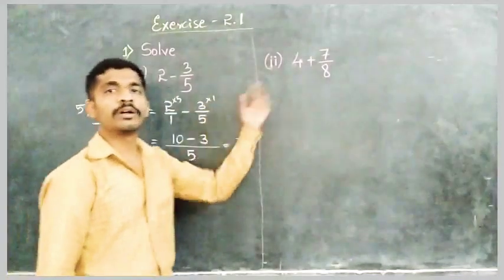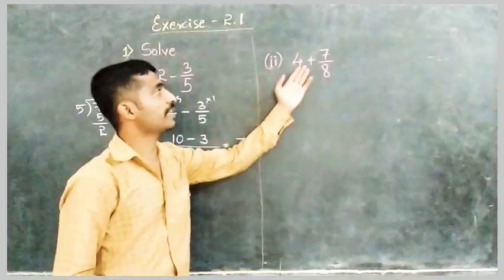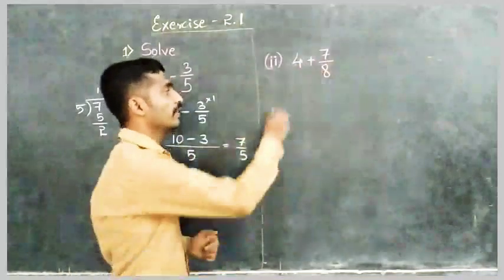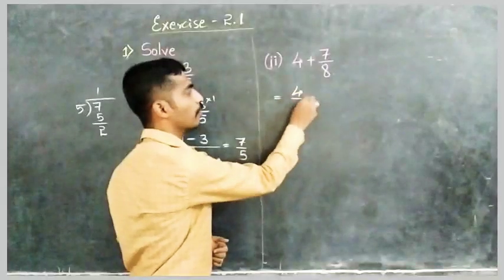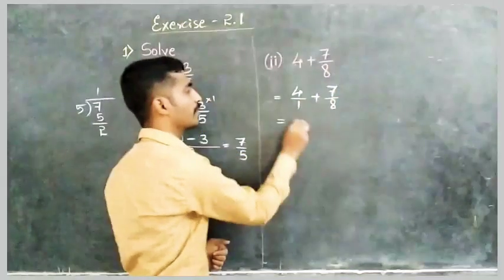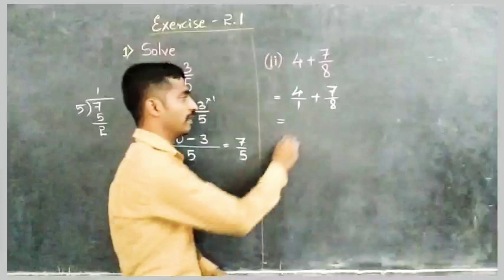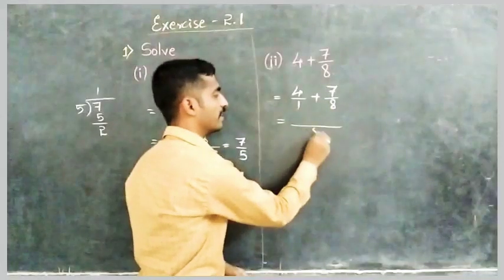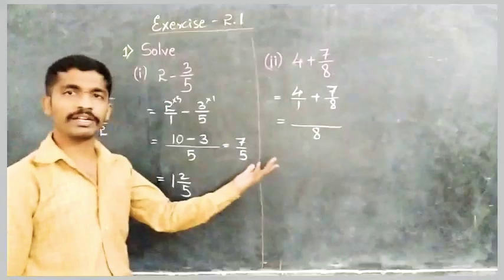So now addition. Here 4 is there. 4 plus 7 by 8. So write the 4 as 4 by 1 plus 7 by 8. Okay, here 1 is there, here 8 is there. What do you have to do? For 1 and 8, the LCM will be 8.